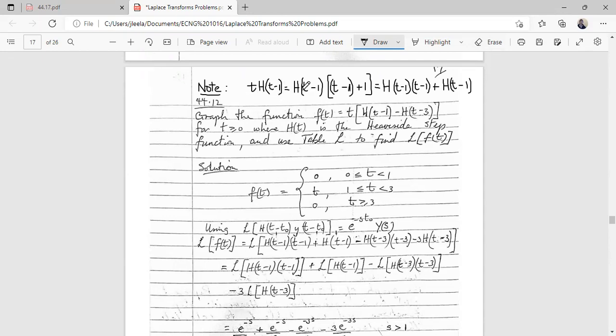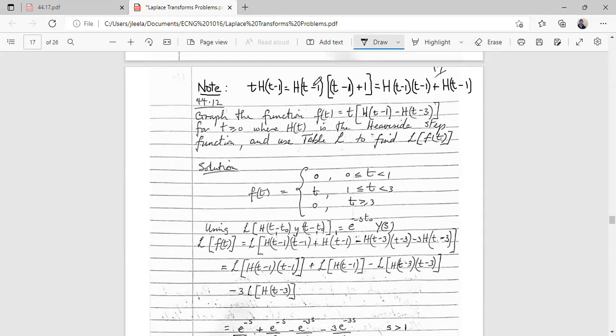This could be written as h of t minus 1, into t minus 1 plus 1. Because notice, the t minus 1 and the plus 1 will cancel each other, so you'll get back t by h of t minus 1.